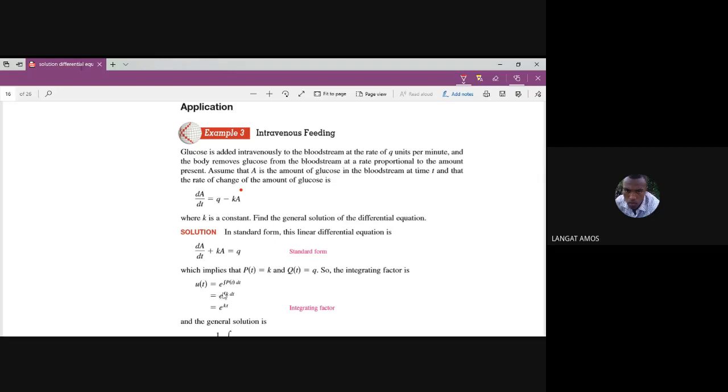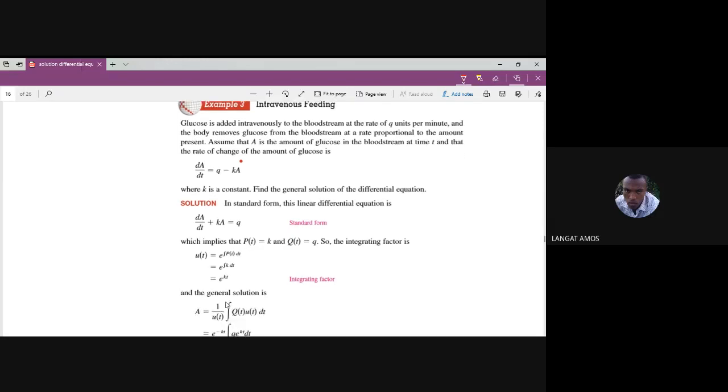So e raised to the integral of k dt will be e raised to kt. This is the integrating factor.